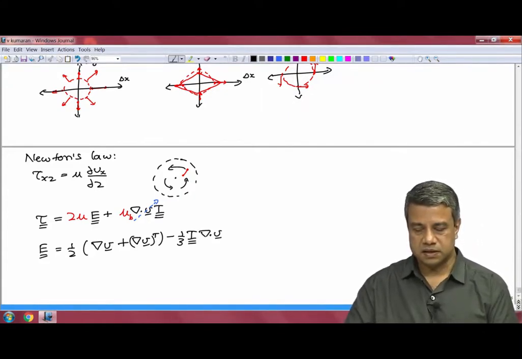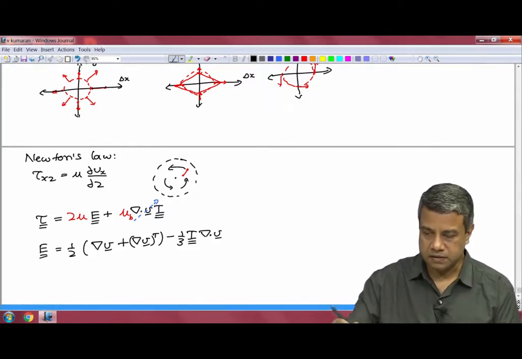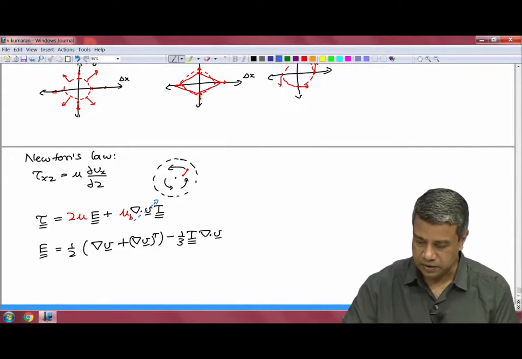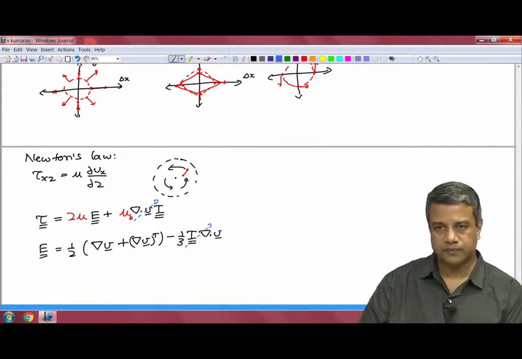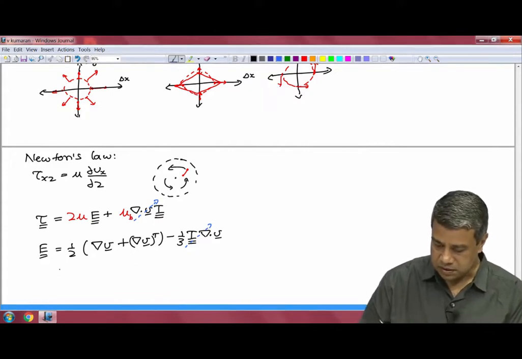This is the symmetric traceless part, and the divergence of the velocity has to be 0 for an incompressible flow. So this is just equal to half of the gradient of velocity plus its transpose.